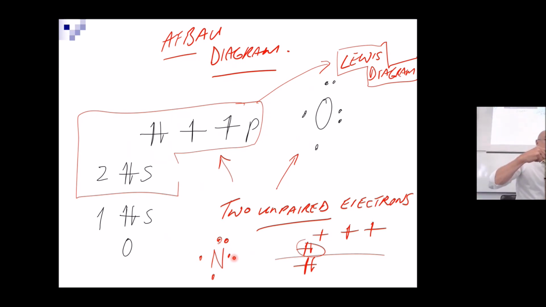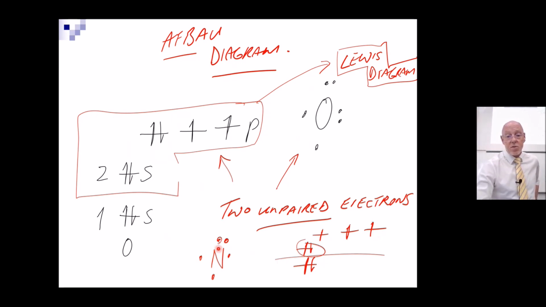If you think back to last year when you did the orbital diagrams, 1s2, 2s2, 2p3, you would have done things like this. You put the electrons in from the bottom. 1 goes there, 2 there, 3, 4, then 5, 6, 7.